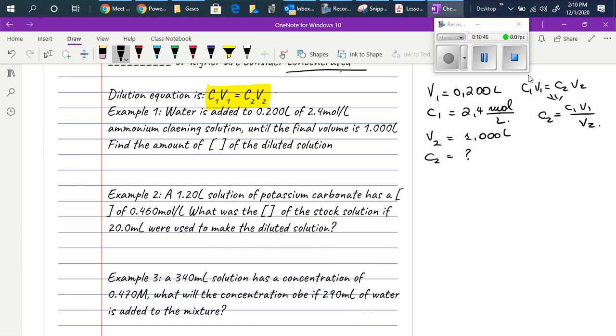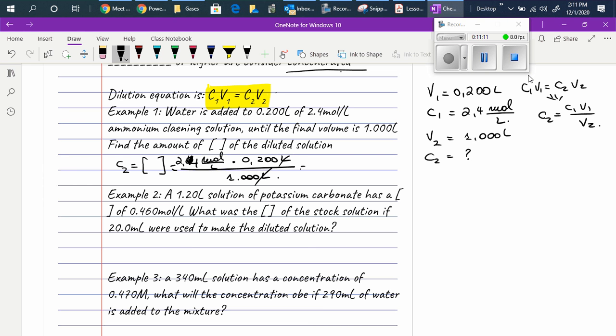So in this case, C2, which is the concentration of the diluted solution, will be 2.4 moles per liter times 0.200 liters, the whole thing over 1.0 liter.